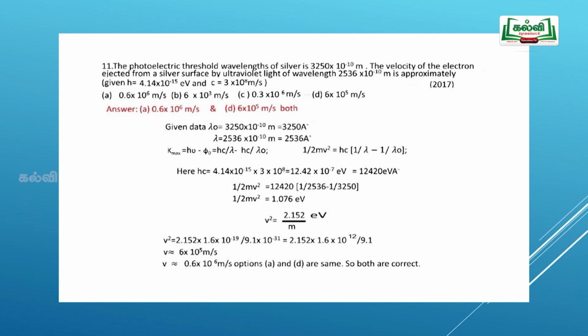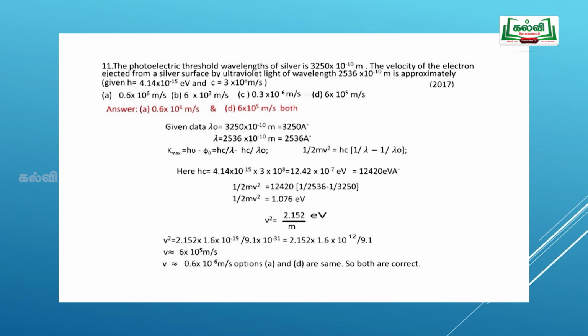When you simplify this bracket and multiply, it results in 1.076. Here v square is equal to 2 into this by m eV. You take the half to the denominator, so it becomes a product in the numerator. When you multiply this, it results in 2.152 by m, in eV.